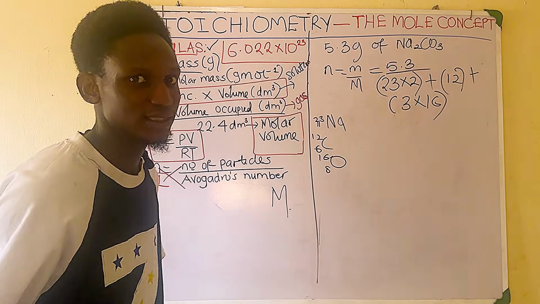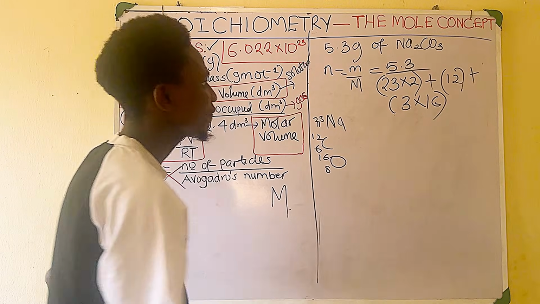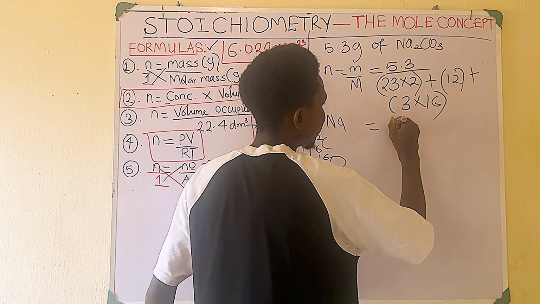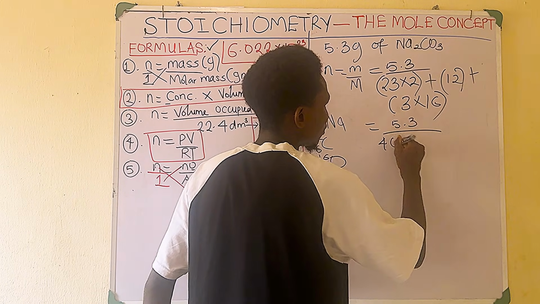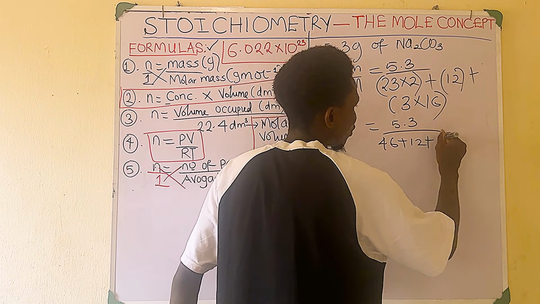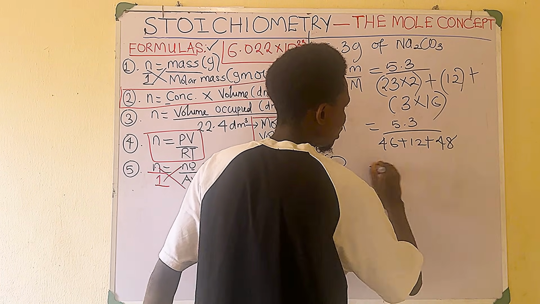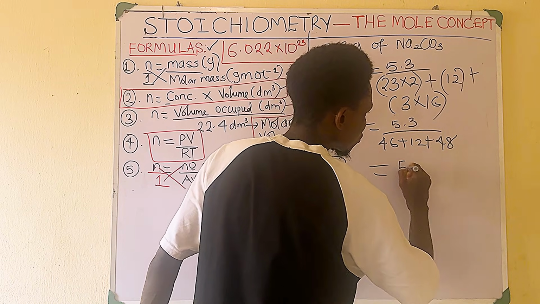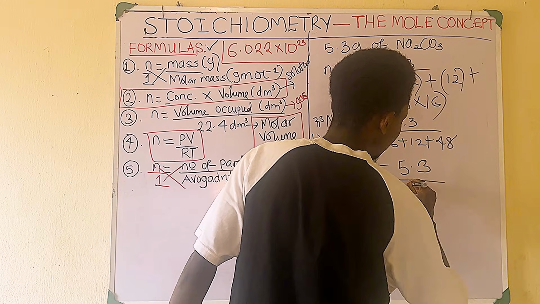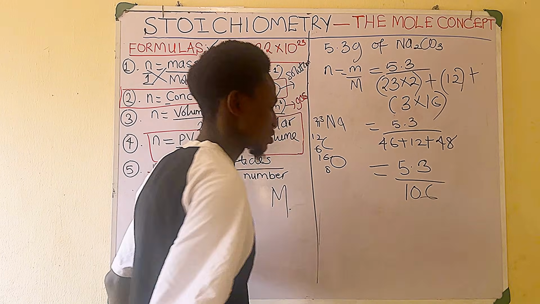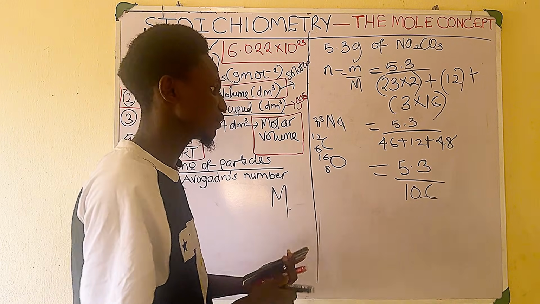I hope you are jotting these things down. From there now, you have 5.3 divided by 46 plus 12 plus 48. And that should be 106. You can punch it on your calculator and see if it correlates.